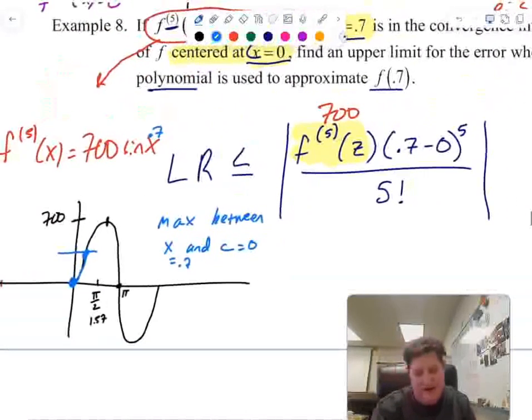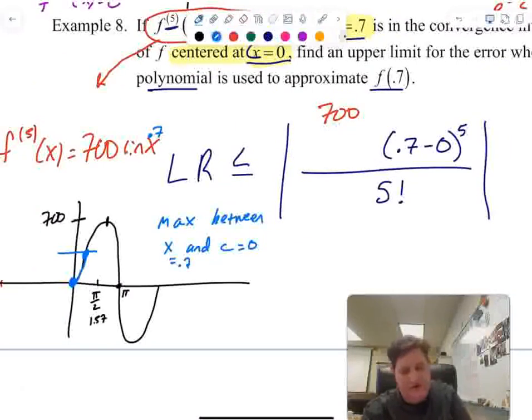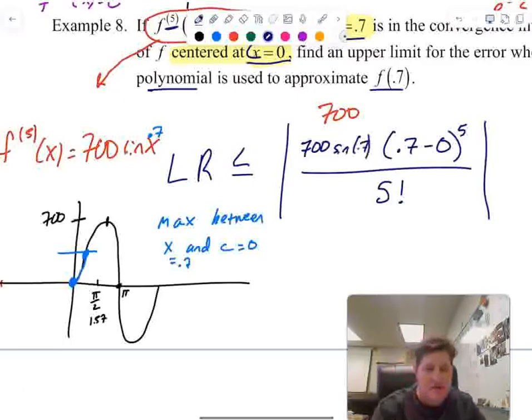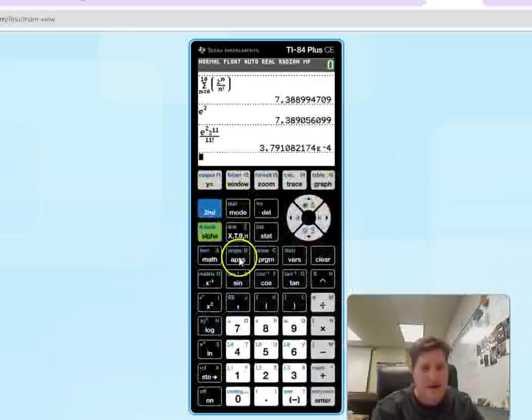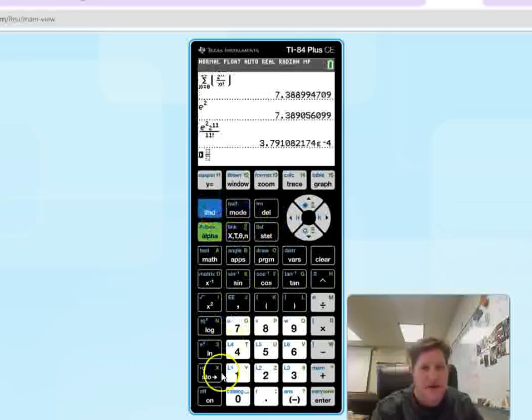It's 700 sine 0.7. So you could use 700, or to be even more approximate, we can use 700 sine of 0.7, and I can find it that way. So then I would type it in by going fraction. Make sure I'm in radian mode. I am, okay. 700 sine of 0.7 is where that would max out.